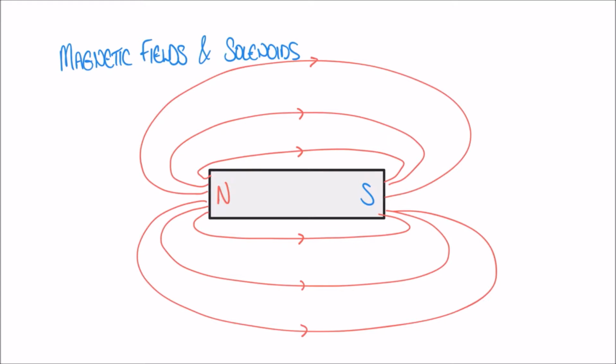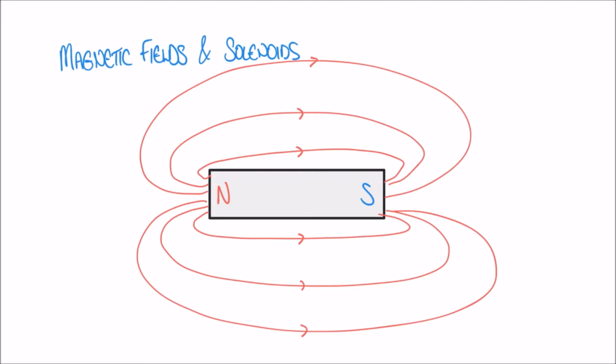Another thing that should be true for our field diagram is that because the field gets weaker as we get further from the magnet, the spacing between the field lines should get bigger, which isn't necessarily perfectly the case for my diagram, but I've done my best here. So the spacing should get wider and wider as we get further from the magnet, and that's meant to represent the magnetic field getting weaker as we get further from the magnet.